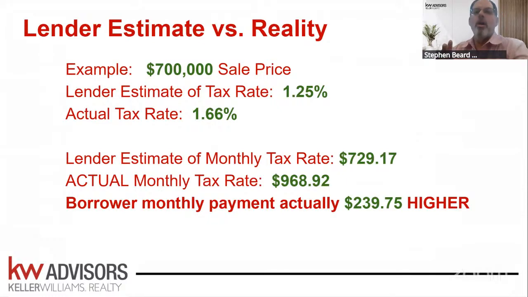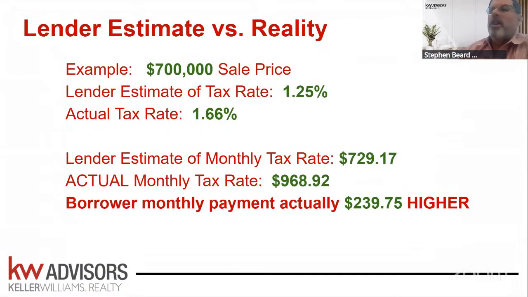When they estimate the affordability for your buyers, they don't factor in the true estimated tax rate. They use this 1.25 blanket rate, which causes a problem. Because now your borrower, when they actually get into contract, is suddenly going to see a much higher tax amount than they thought they were going to see. So you want to watch for that.